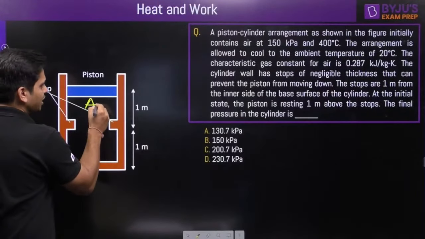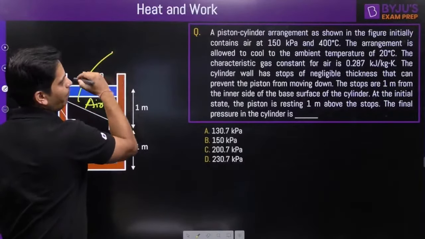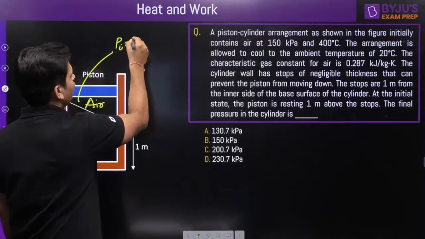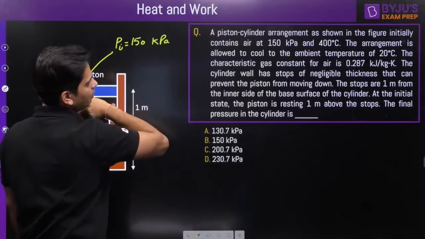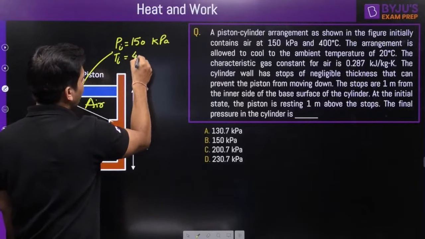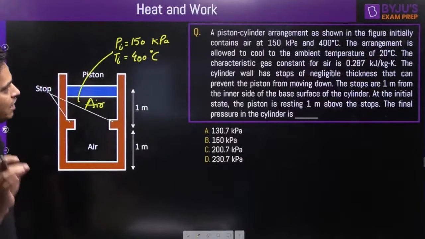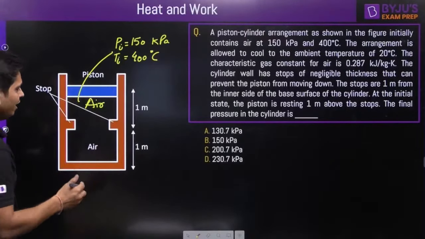Look, here they have specifically given air, and its initial pressure is 150 kilopascal. Initial temperature is 400 degrees Celsius. The arrangement is allowed to cool to the ambient temperature of 20 degrees Celsius.